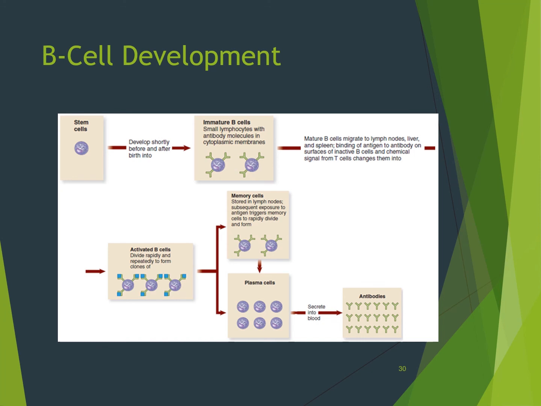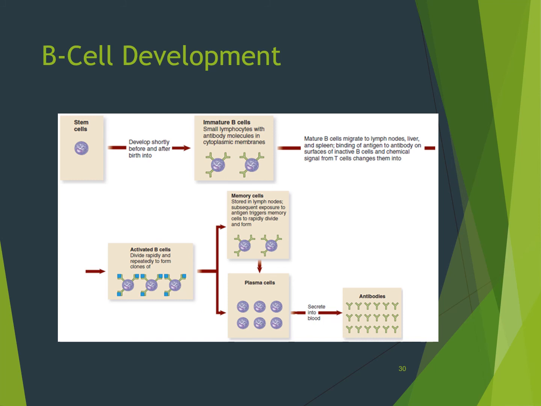And then the same process will take place. More plasma cells will be developed. The plasma cells will go to work pumping out the antibody, and the memory cells will go back and lay in wait in case that invader comes around again.